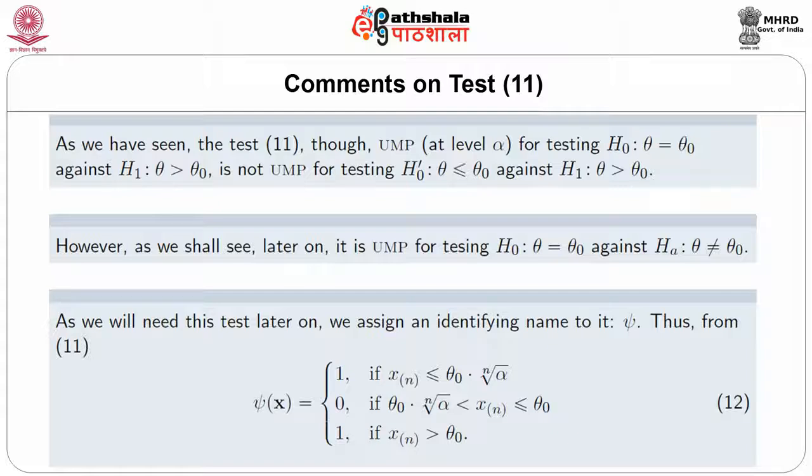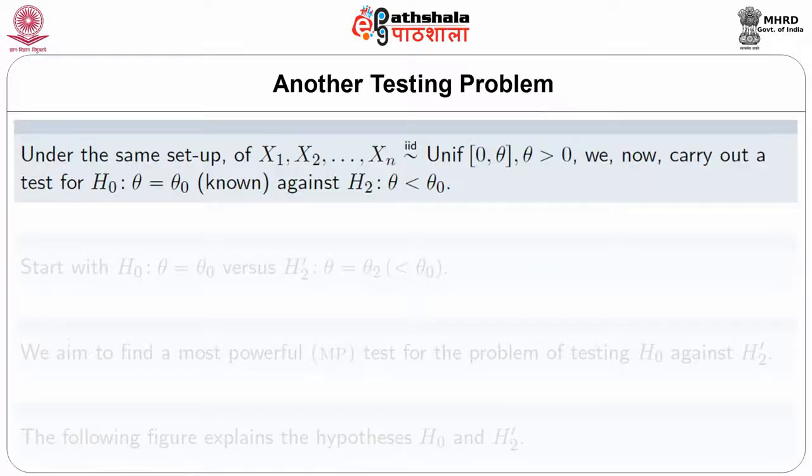However, as we shall see, this psi is uniformly most powerful for testing theta = theta naught against theta not equal to theta naught. We have already considered the problem against theta greater than theta naught; now theta = theta naught against theta less than theta naught, and if we can show that this psi is uniformly most powerful here also, then it is uniformly most powerful against theta not equal to theta naught.